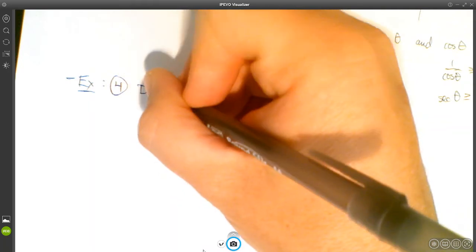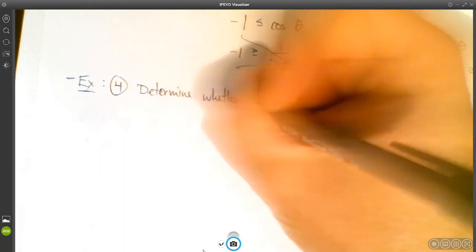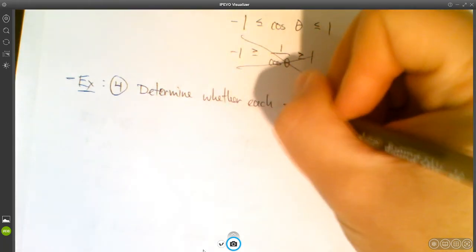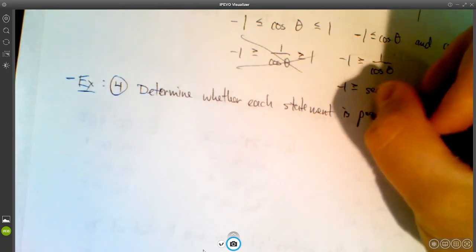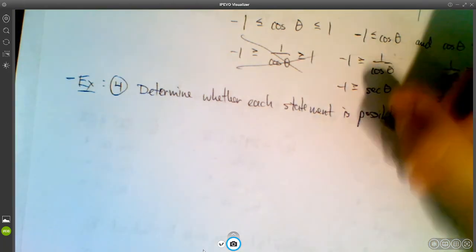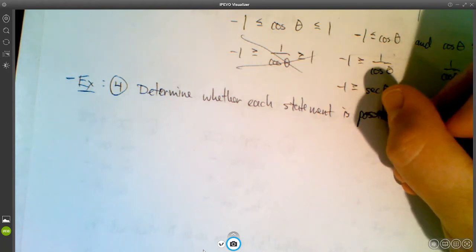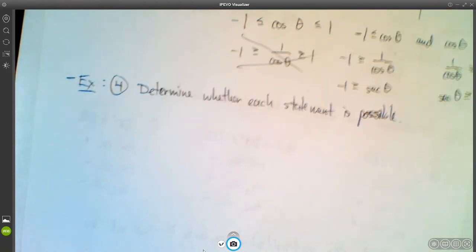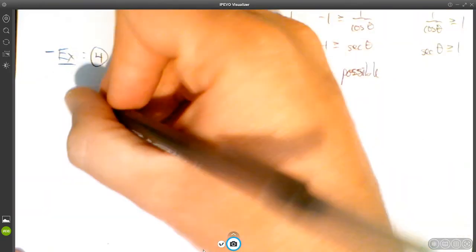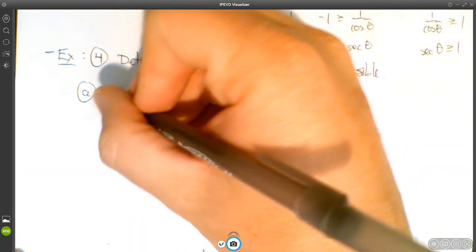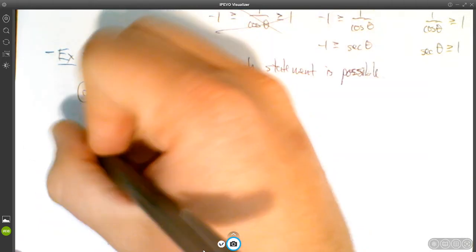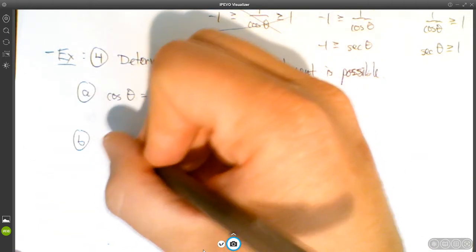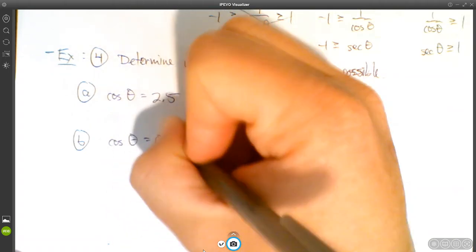So let's determine whether each statement is possible. I'm just going to write out a bunch of these, and then I'll let you write them down and work it out. Cosine theta equals 2.5. Cosine theta equals 0.5.